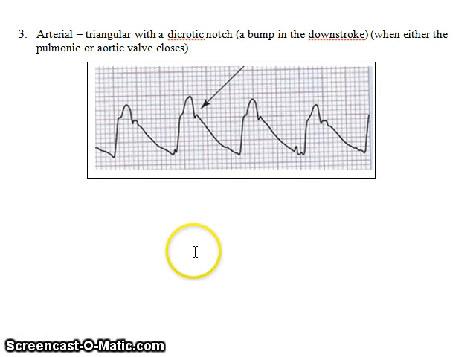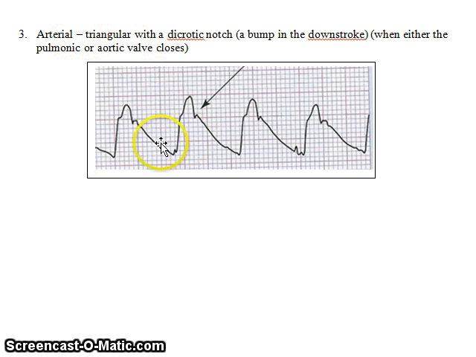And then the third waveform that you need to know is arterial. So mainly your pulmonary artery and your aorta, any artery really, but those are the two main ones that you have to be able to recognize. The pulmonary artery, remember, is like 25/10, where the aorta is your normal arterial pressure, like 120/80.